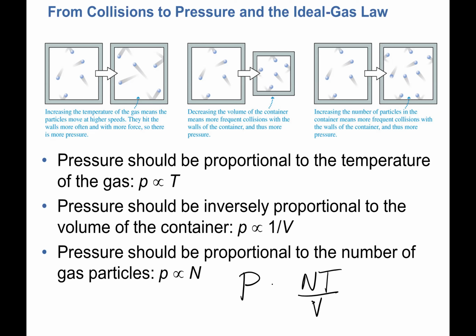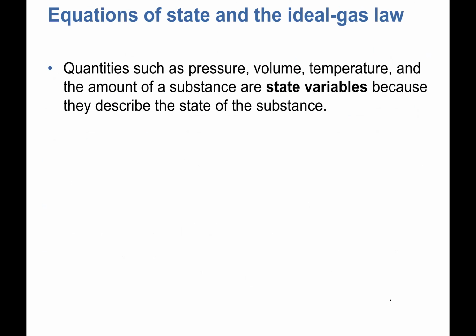And that constant in one case is what we call the Boltzmann constant, K_B. So the pressure equals N times the Boltzmann constant K_B times temperature divided by the volume. But usually what we do is call the pressure, volume, temperature, and amount of substance state variables.